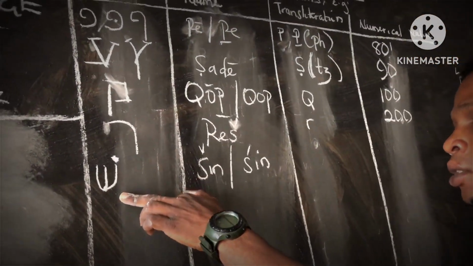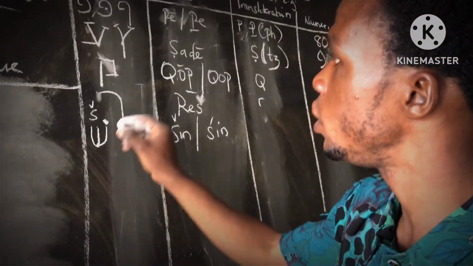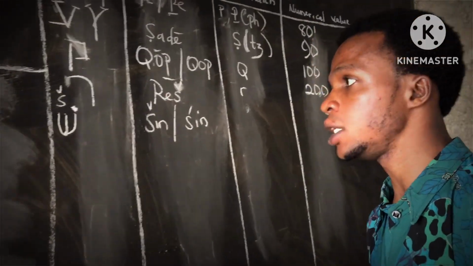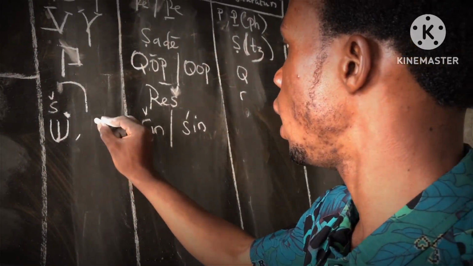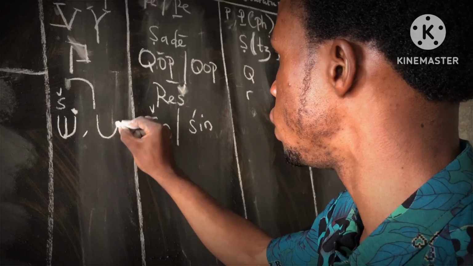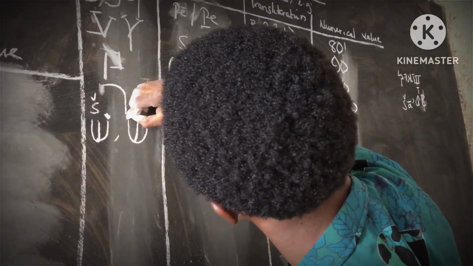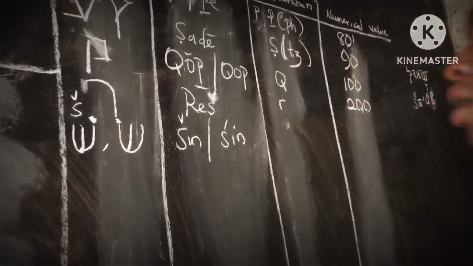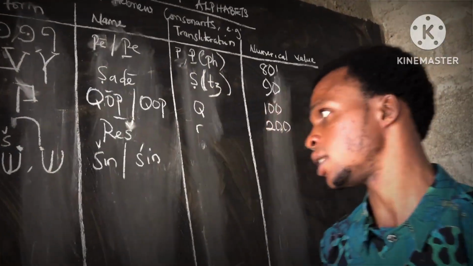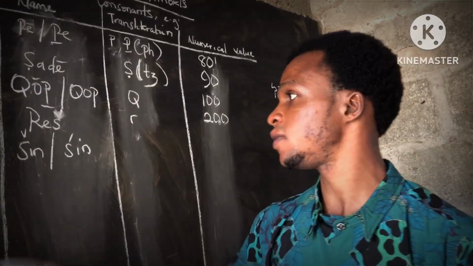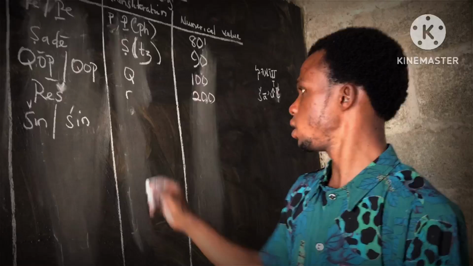When you have this dot, it is what we call Shin, which is SH. It becomes Sin when the dot comes here. The one with the dot at the right-hand side is Shin, and the one at the left-hand side is Sin.